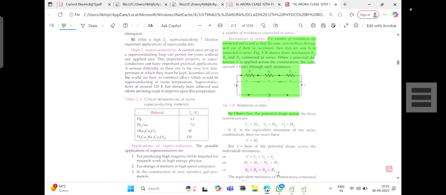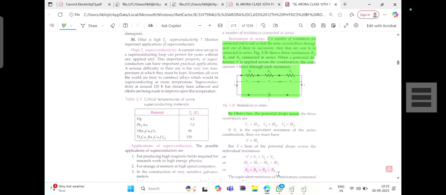That is the key point, that in series combination the current is always the same in each one of the resistances.